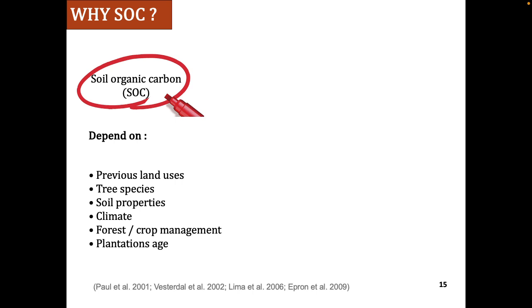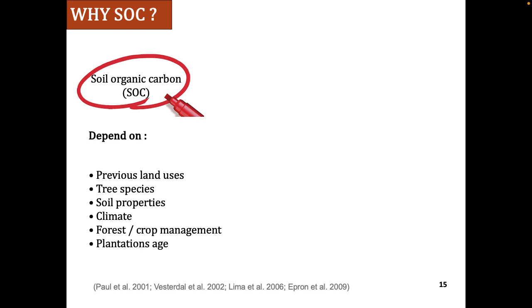Okay. So the change of soil organic carbon depends on the previous land uses, as we saw earlier. It also depends on the tree species that we choose, because the roots and the carbon that the tree transfers to the soil depend on the species and on their growth.